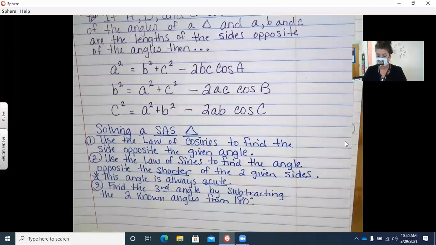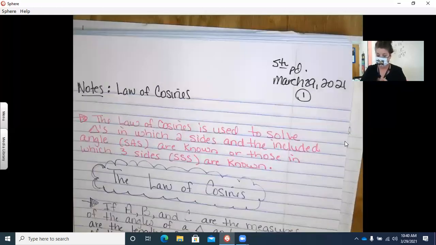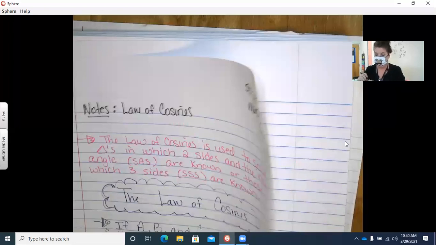All right, so our first example. Everybody done with this? And my triangles may not be drawn to scale.